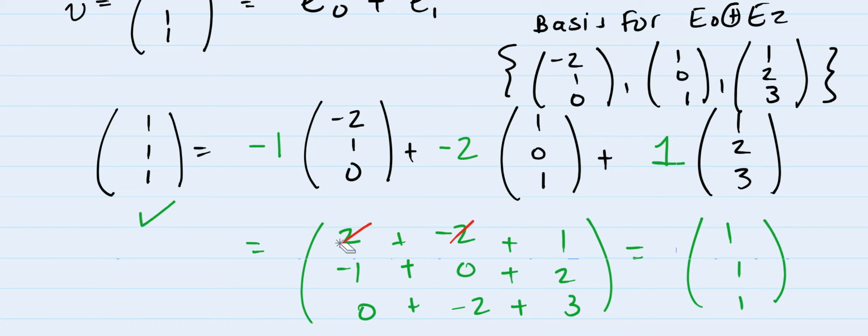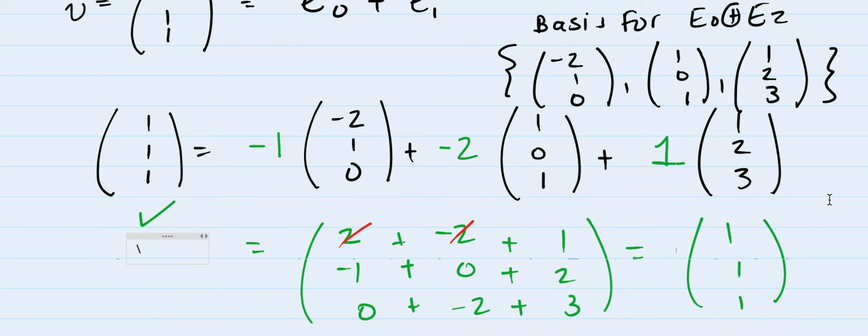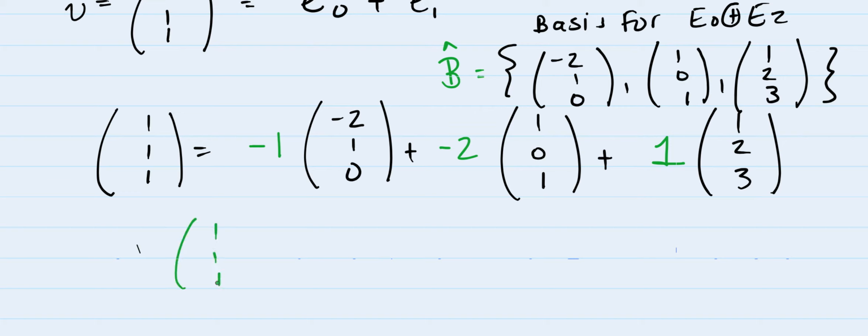We can erase this now. So we're almost done. We have found the coordinate matrix. So if we called this basis B hat, then 1, 1, 1, what is that right there?